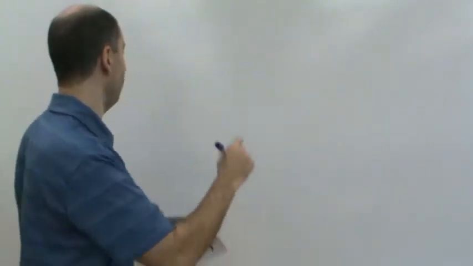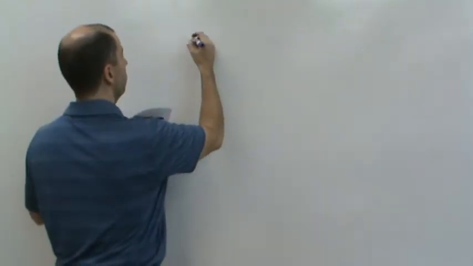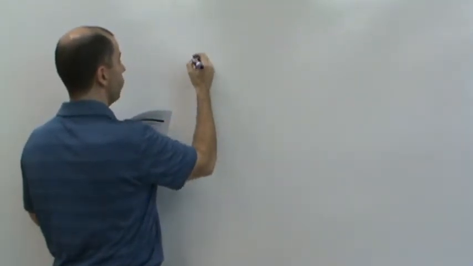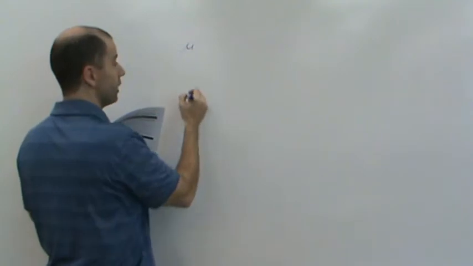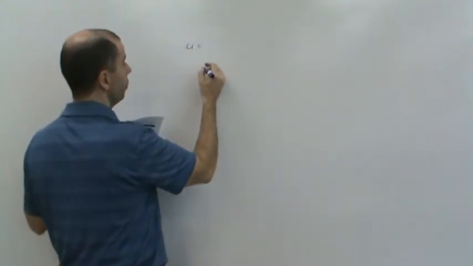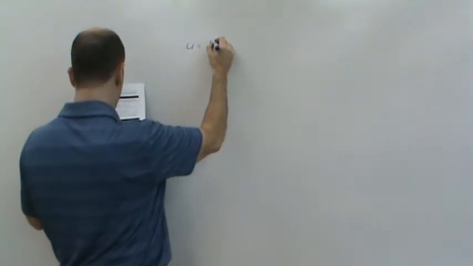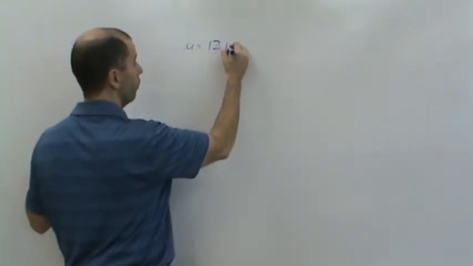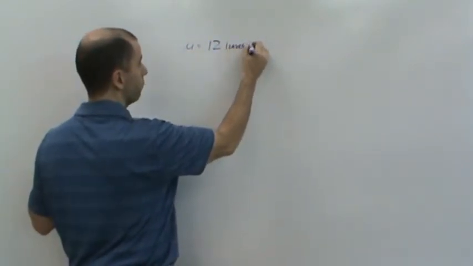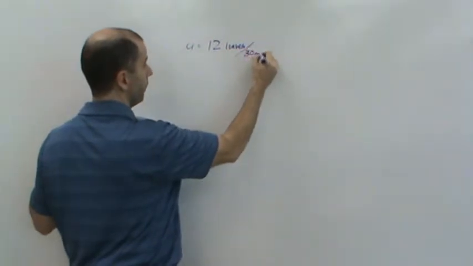Okay, so let's write that down. So what do we know? The rate, the average rate, so that's mu. Mu is equal to what? 12. Yeah, 12 loaves, right, per what? 30 minutes.